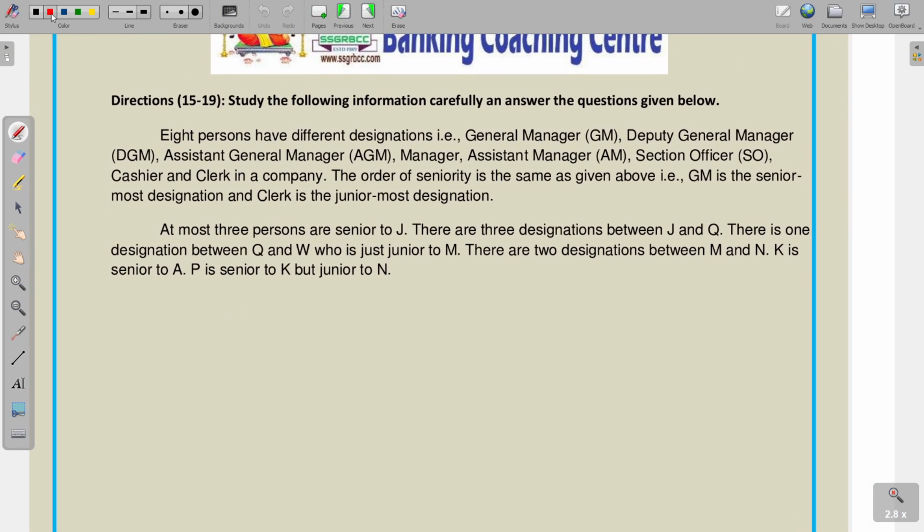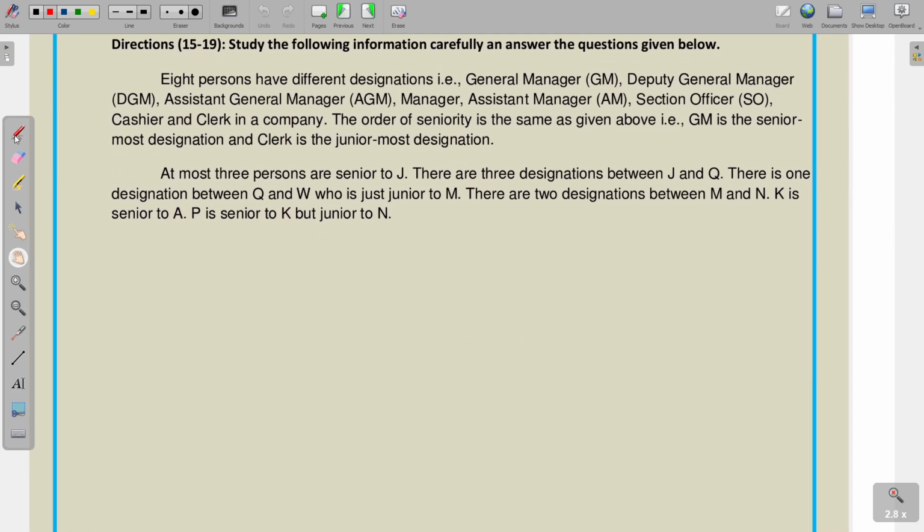Study the following information carefully and answer the questions given below. 8 persons have different designations: general manager, deputy general manager, assistant general manager, manager, assistant manager, section officer, cashier and clerk in the company. The order of seniority is the same as given above, that is GM is the senior most designation and clerk is the junior most designation.